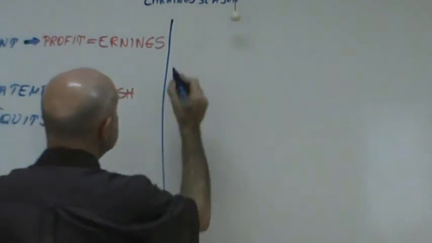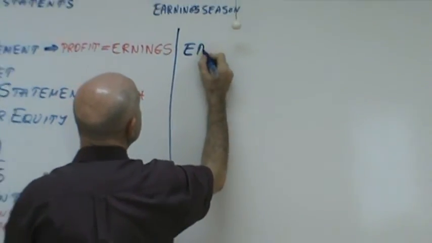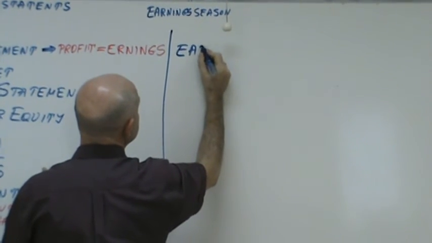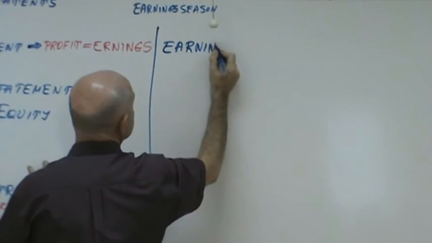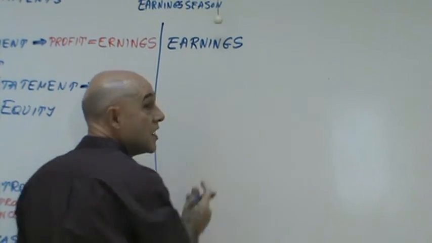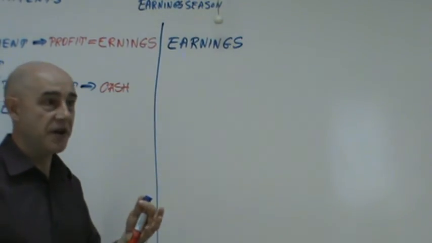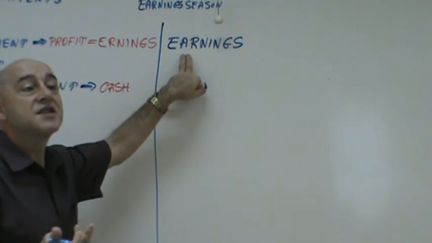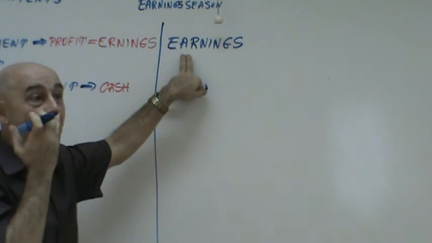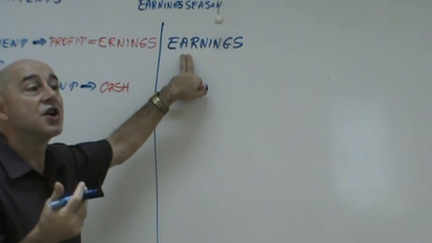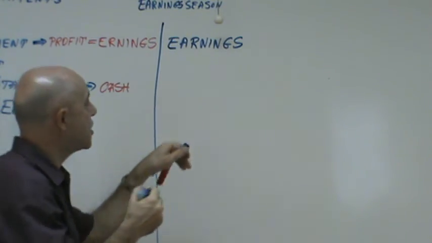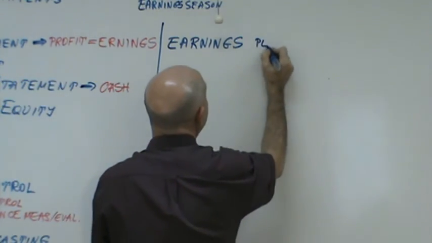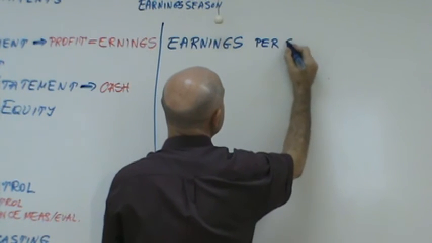Net income is the same as earnings. For a company, earnings are profits. You want to know as an investor, if you have 100 shares, what are the earnings per share?